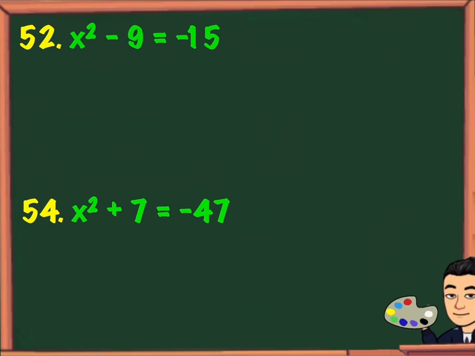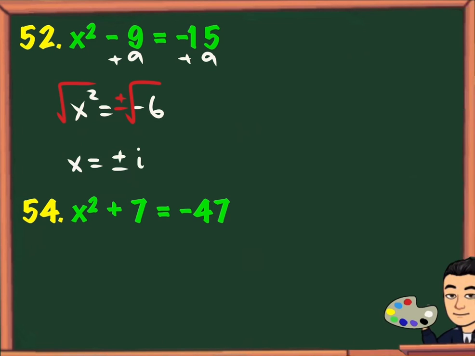So number 52, we're going to add 9 on both sides, and this is going to give me x squared equals -6. If you take the square root on both sides, this is going to become positive and negative. So x is going to equal positive negative i square root of 6.